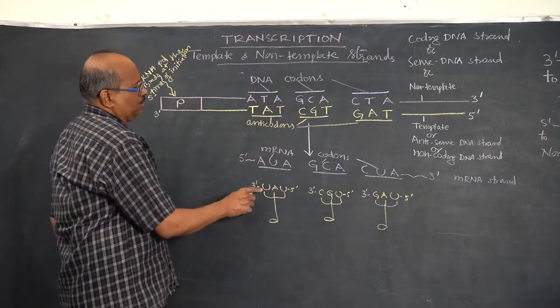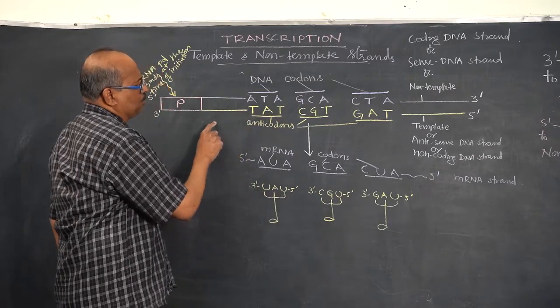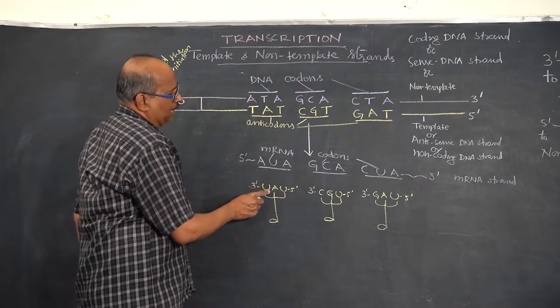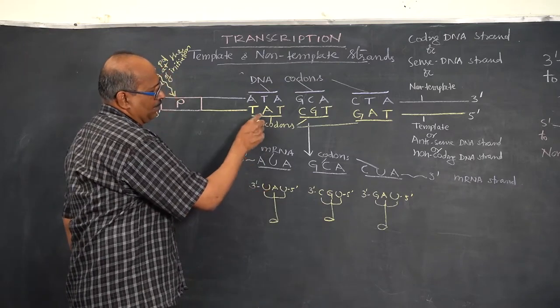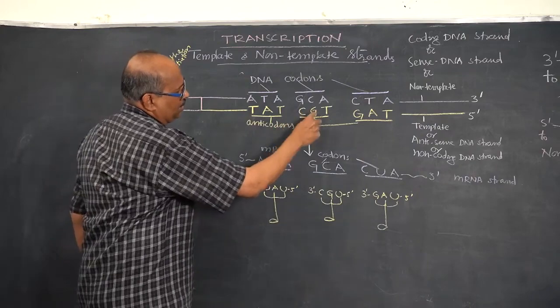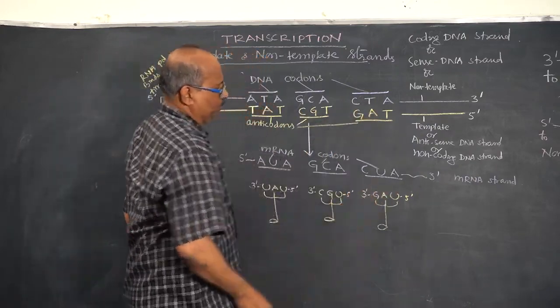And if you see that the tRNA anticodon is exactly similar to the anticodon that is present in the template strand of DNA, except that RNA contains uracil, DNA contains thymine. So TAT, UAU, CGT, CGU, GAT, GAU.